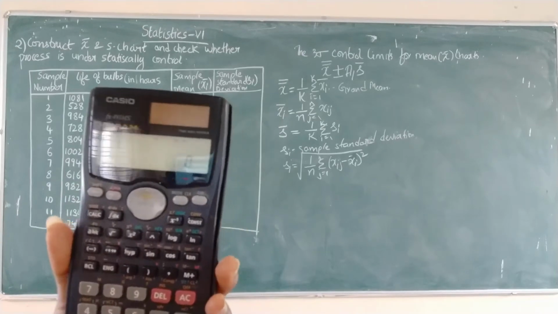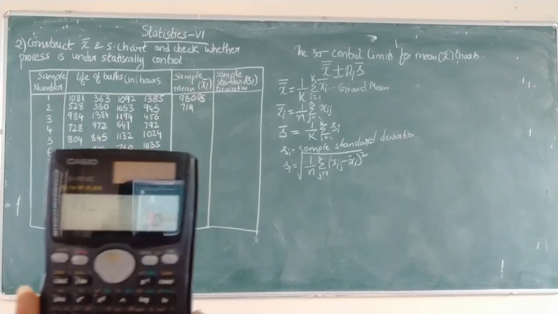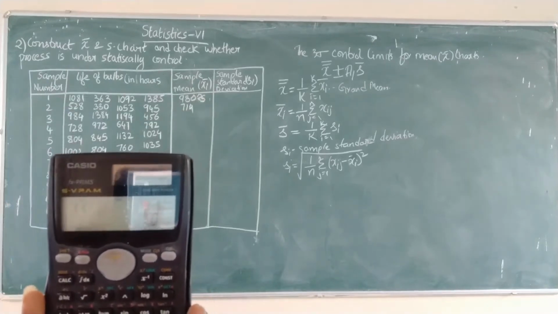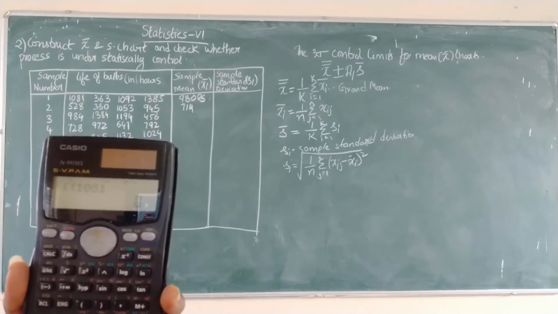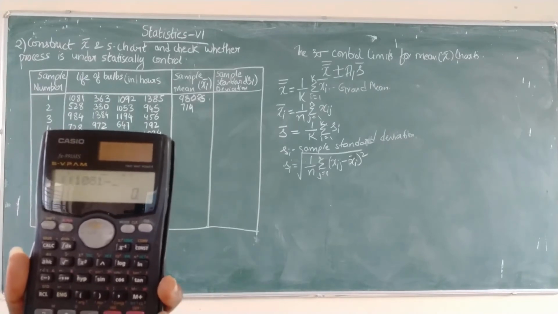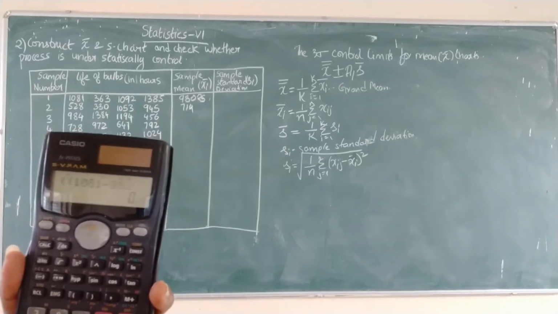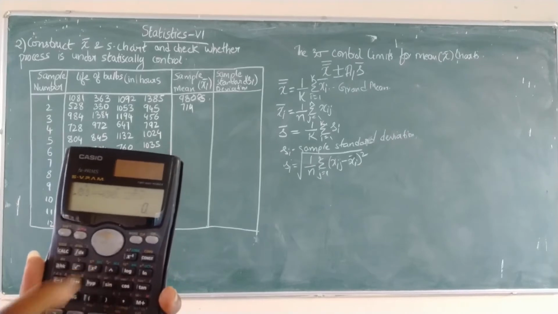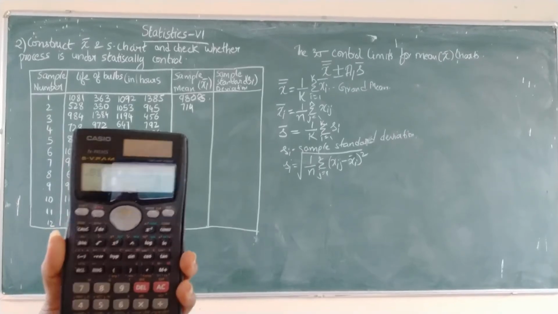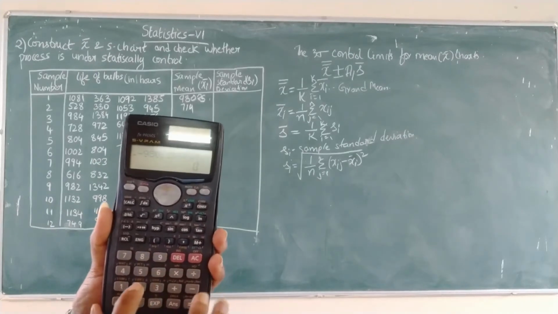Xij minus Xi bar whole square. The first value in the sample is 1081, so Xij minus Xi bar, where the first mean is 980.25, whole square. Summation, right? For each value we will be doing this. Plus, open the bracket. What is the second value?